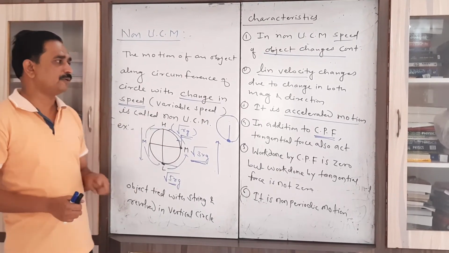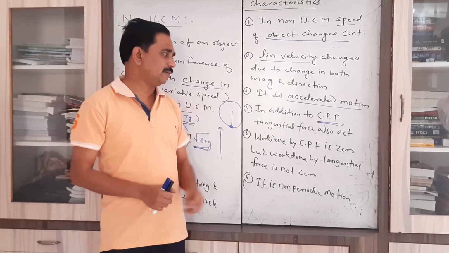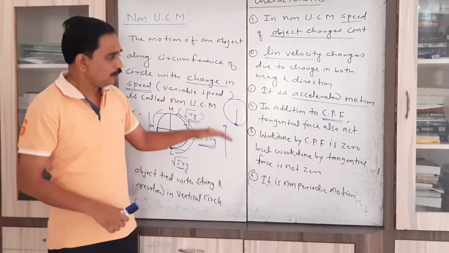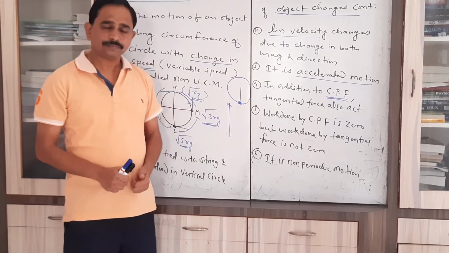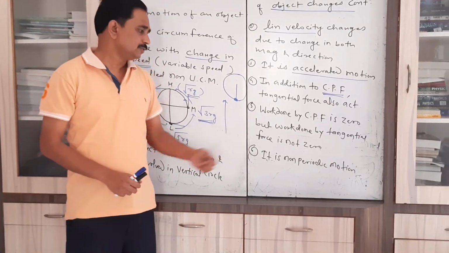It means in non-uniform circular motion we have two forces, the centripetal force and the tangential force. Work done by the centripetal force is 0, but work done by the tangential force is not 0.